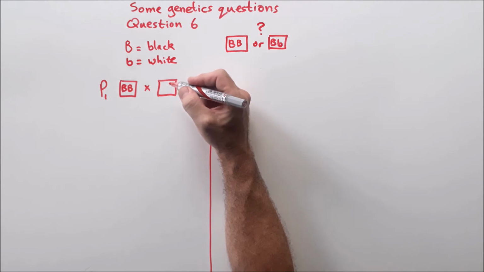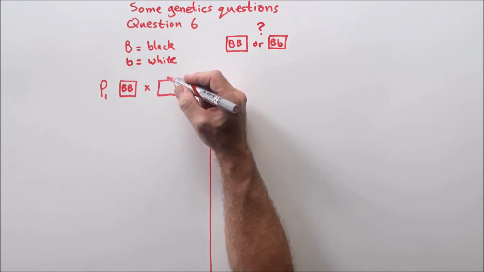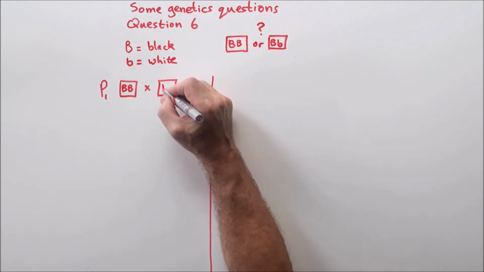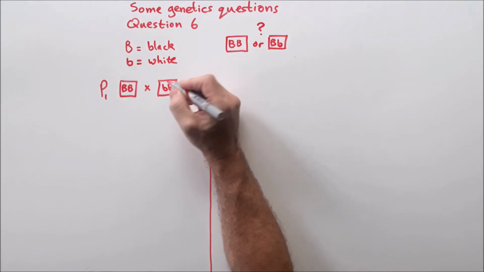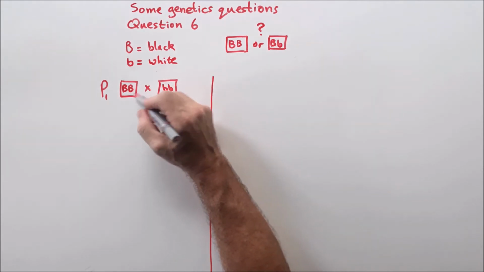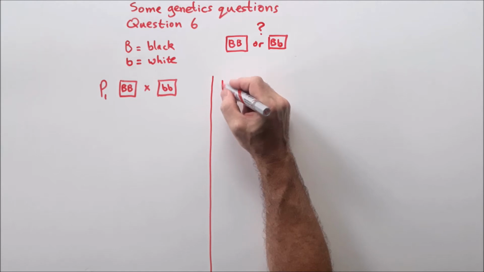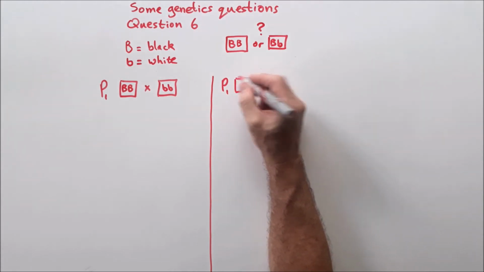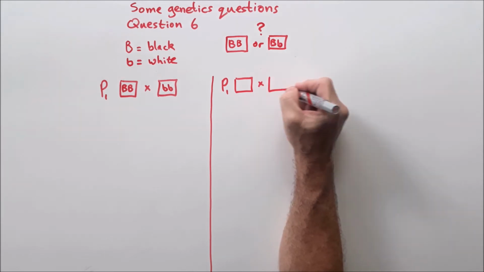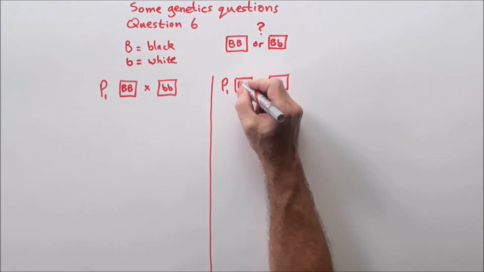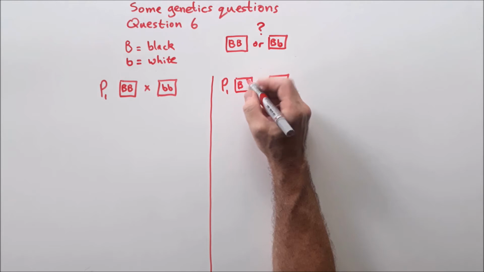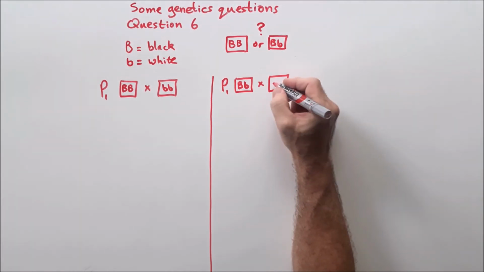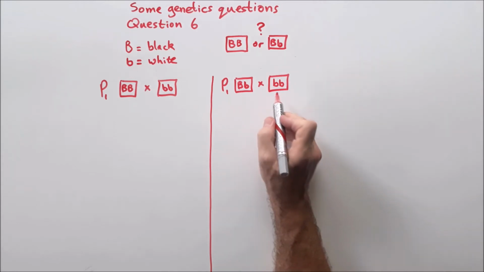Now the only way the sow, female pig, can be white would be small b, small b. So that's the one possibility, and let's straight away on the other side of the page put P1. This could also be a possibility. He mates his heterozygous black, that's a big B, small b heterozygous black pig, and again he mates it with a white sow. That is how he does it.